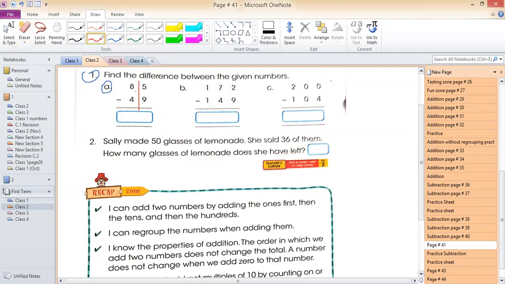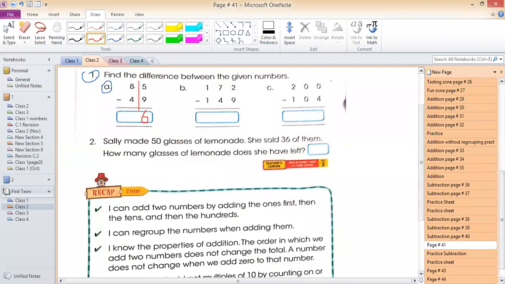Question number 1A. 5 minus 9, 6. Should I write here 6? Yeah. Why? How do you subtract? 5 minus 9, how 6? 3. 3, how 3?